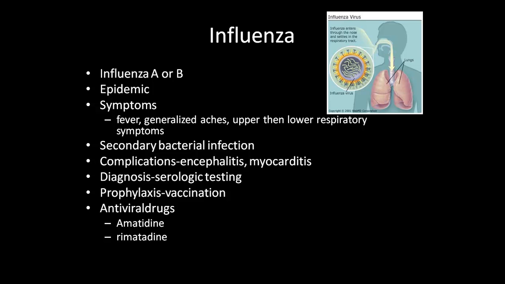So what about influenza? We screen for A and B on hospital admissions in those patients that we think may have this. The symptoms are kind of this fever, generalized aches, upper and lower respiratory infections. It can come secondary to a bacterial infection. It's diagnosed with serologic testing, and the prophylactic treatment is a vaccine.